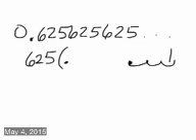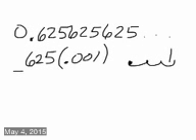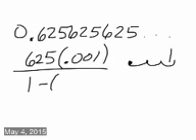So 0.001. And on the bottom, it's 1 minus 0.001. What's 625 times 0.001? 0.625. Good.